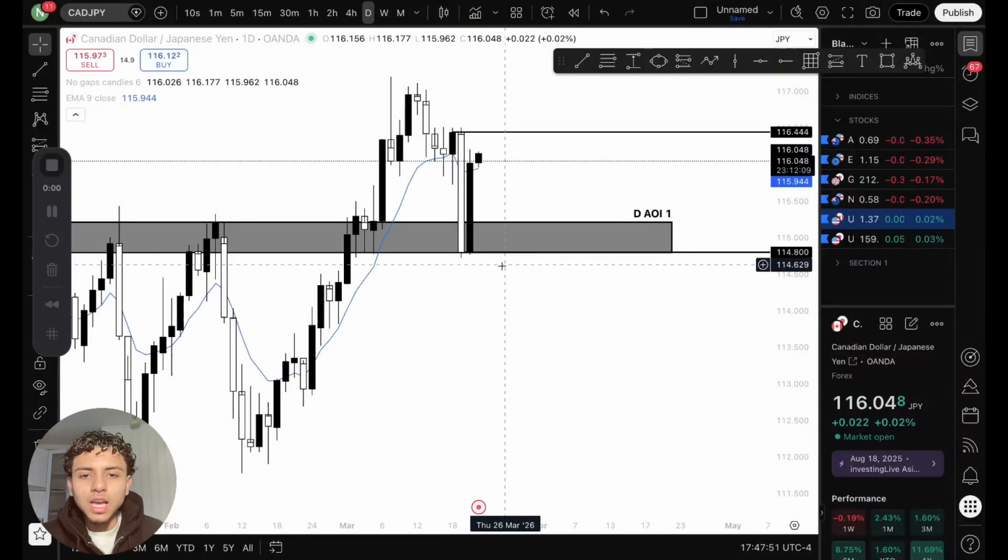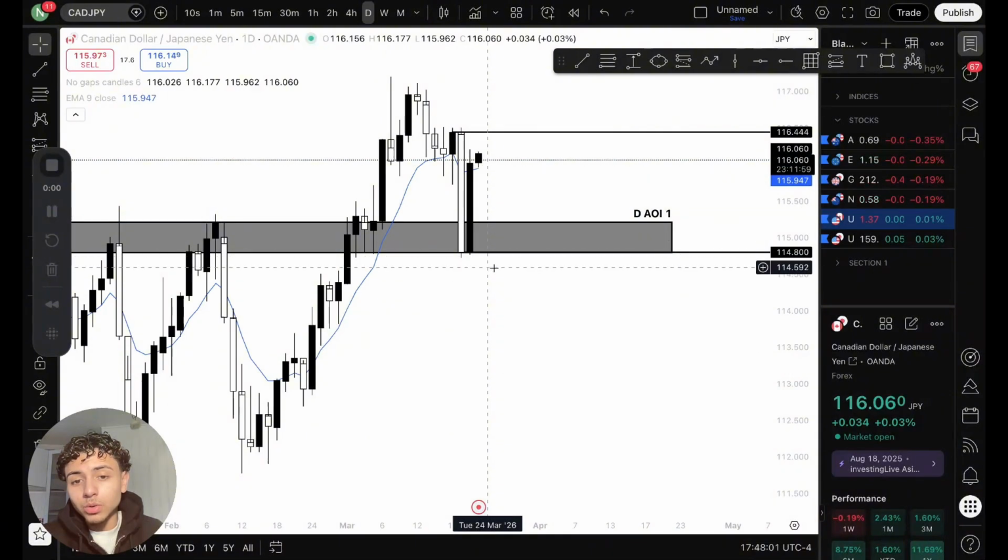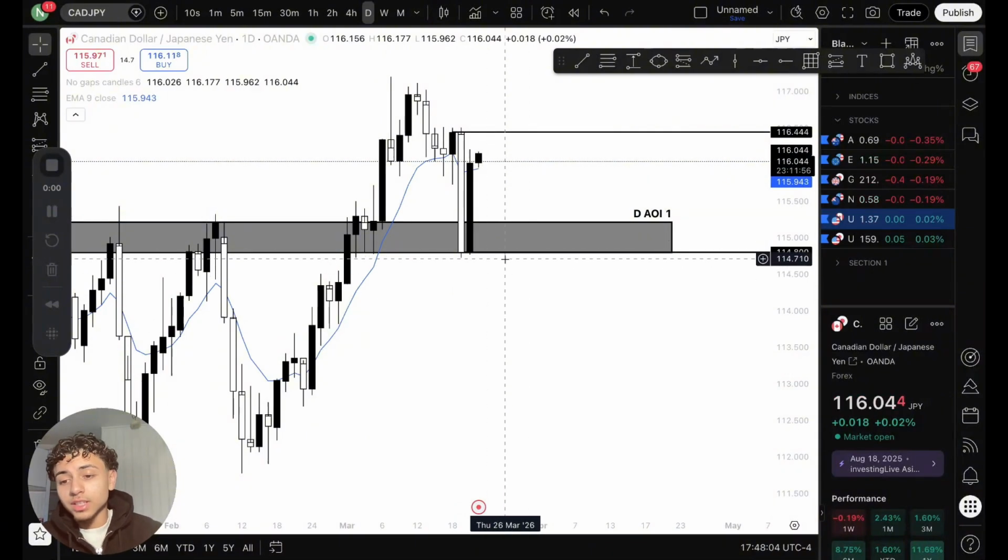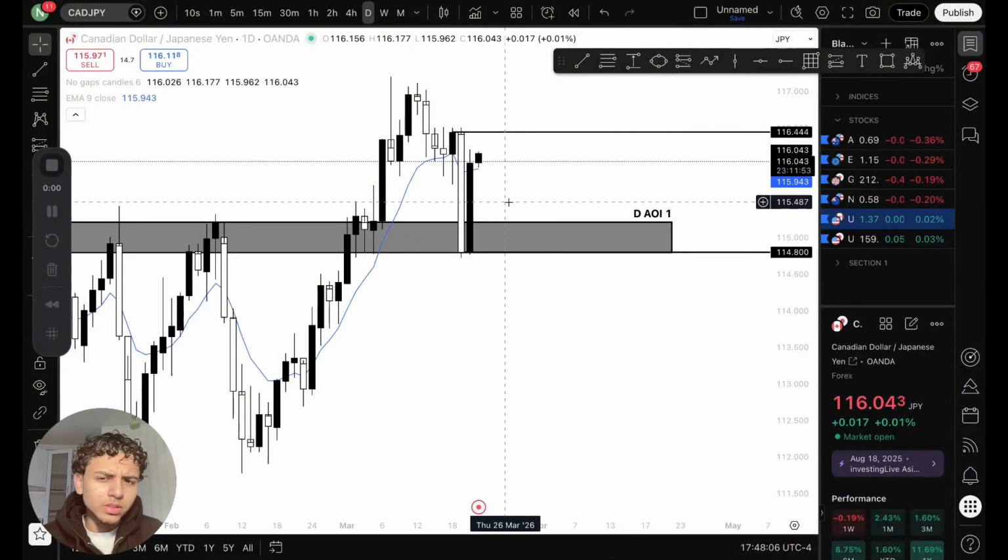And then I would just have to expect it to retrace to this area of interest, and that candle must be down here for me to be able to say this is a good market. So I'm not so sure about this one. I'm just going to keep looking at it and see if it works or not.